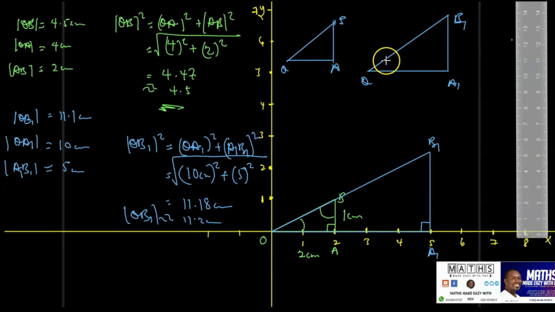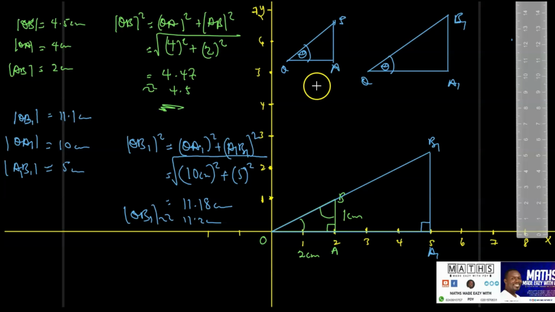I believe you know that the angle O is common to these two triangles. So if here is theta, here is also automatically theta. Do you agree, please?